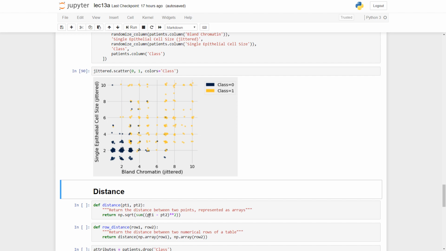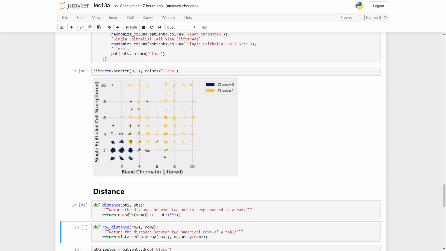So we will do element-wise difference. Now this is an array that has the difference between the corresponding attributes. Now we will square each element, so this is again element-wise squaring. Then we sum over all the values in this array and we take the square root. So that will be the distance between the 2 points.